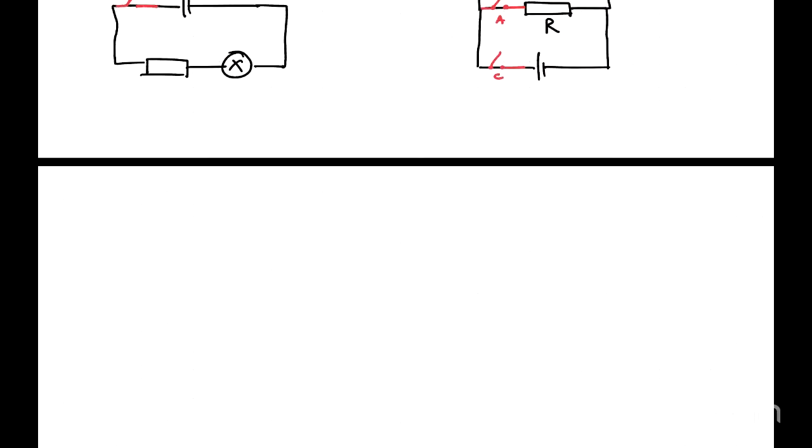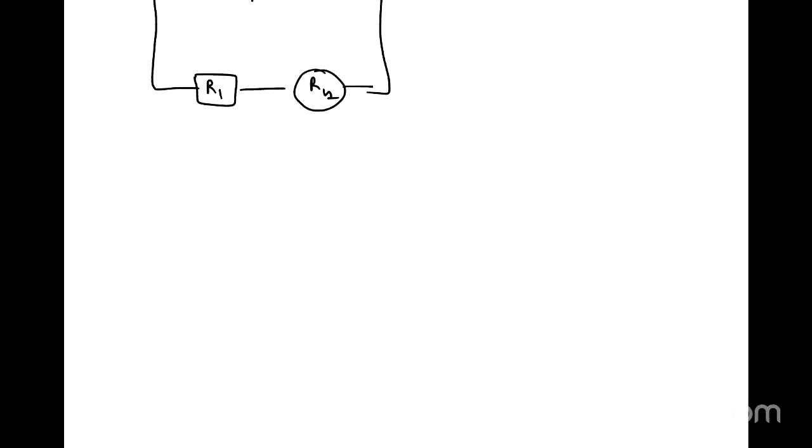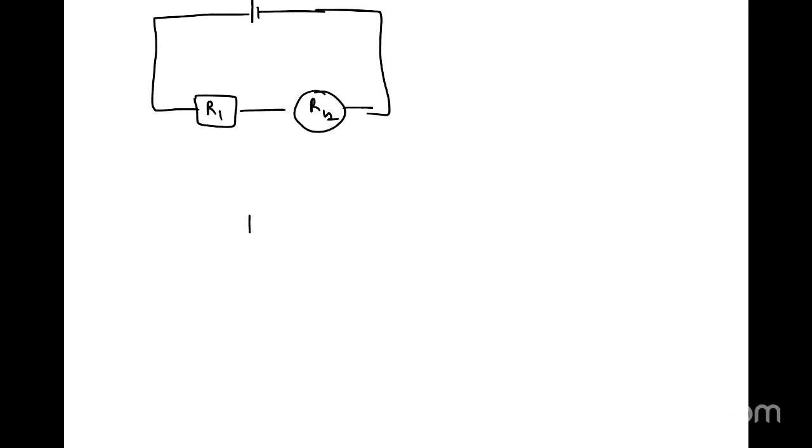Okay. Then before moving on to the next one, I want to emphasize something else, right? So when it comes to a series configuration, I'll use R1, R2. These are resistors, right? Like this. And the parallel circuit, same thing, R1.